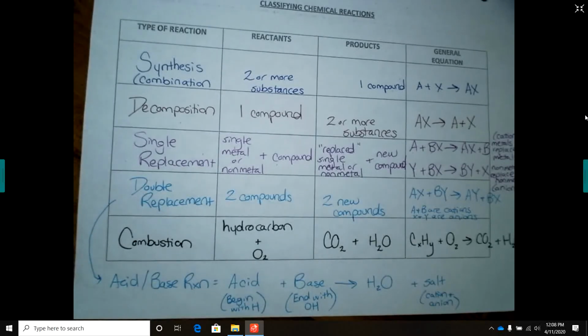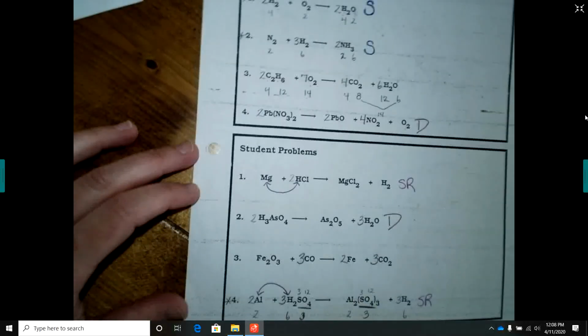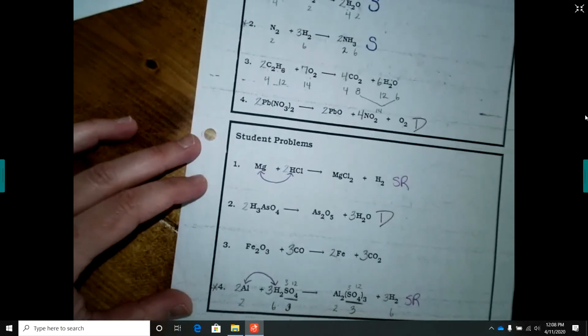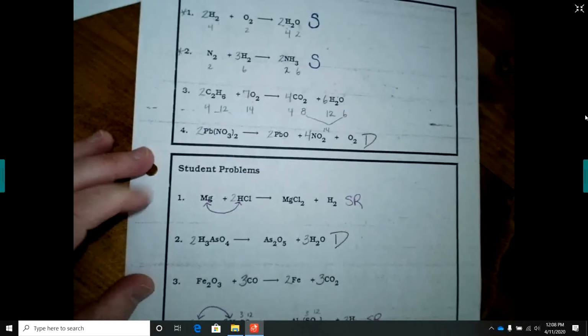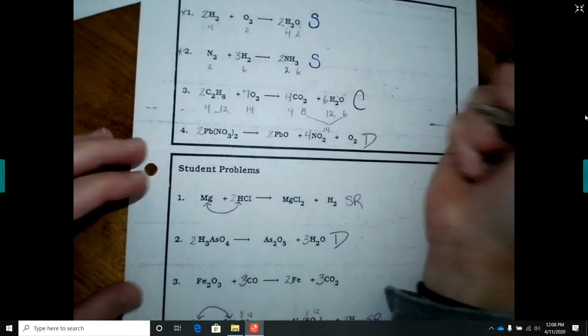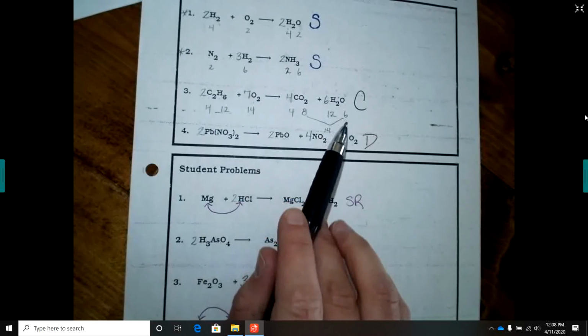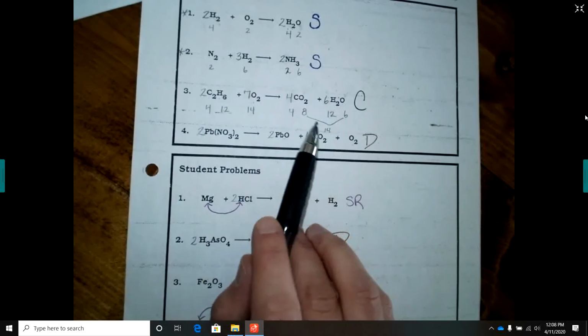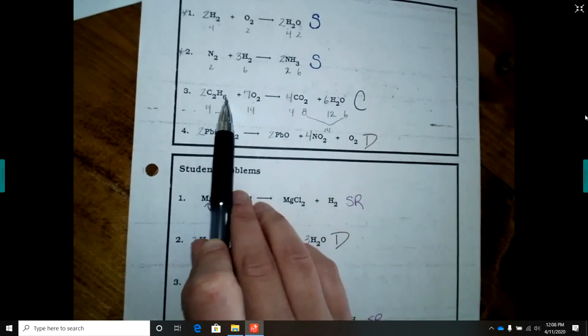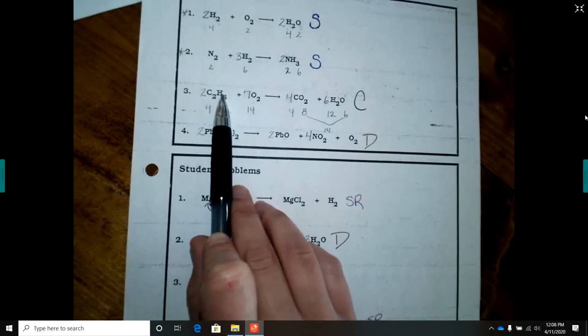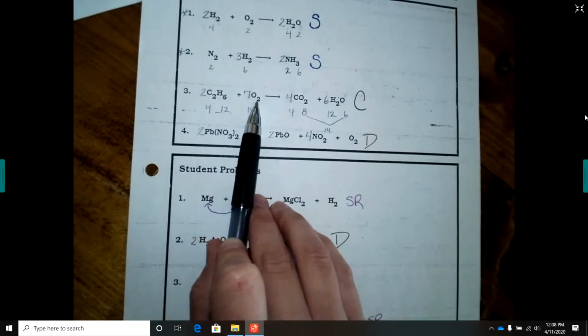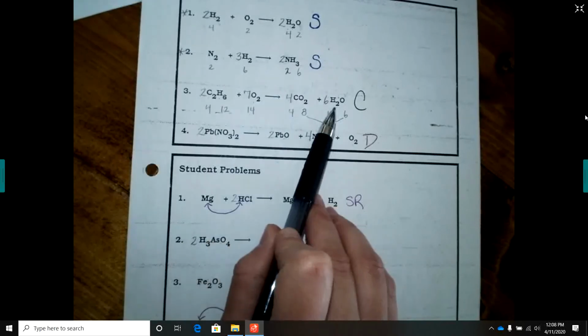Now, if we look back at our sheet, the only combustion reaction on here is number 3 at the top. And you may remember me saying that those are the ones that can be difficult to balance. Remember, this is the one that we ended up having to double everything to make it work. But again, I just want to point out, here's your hydrocarbon, carbon and hydrogen. You've got oxygen as the other reactant, and then on the product side, you've got carbon dioxide and water.